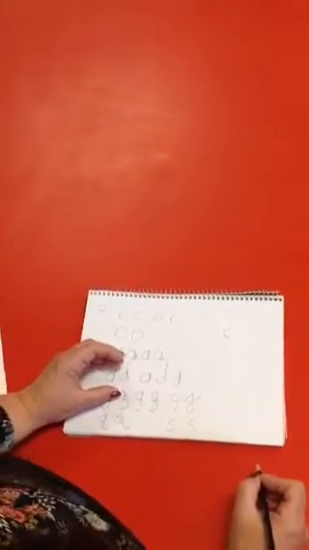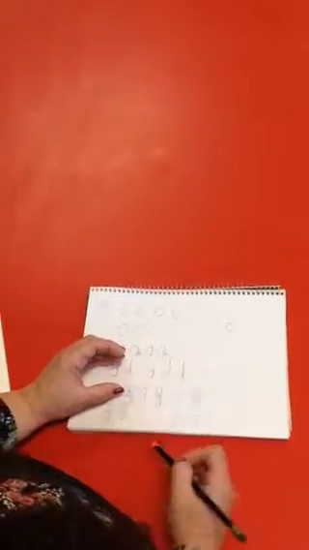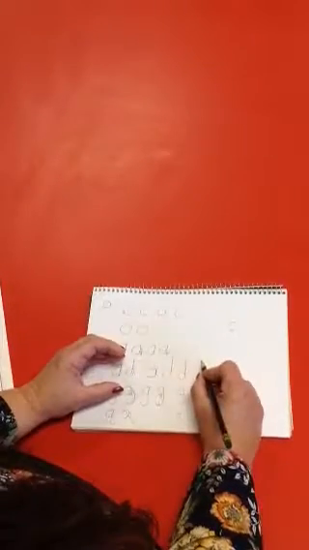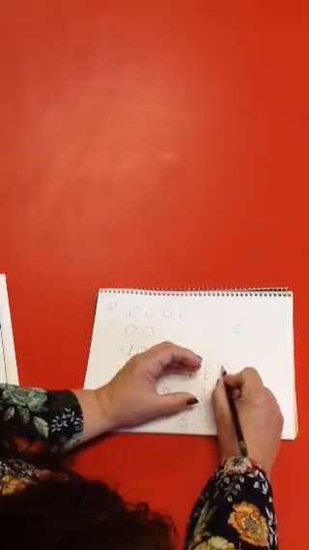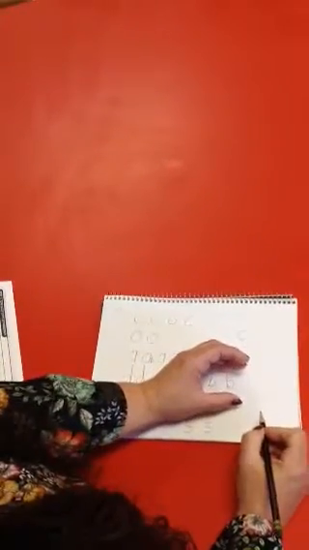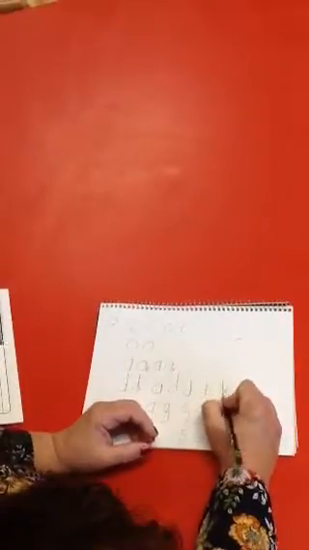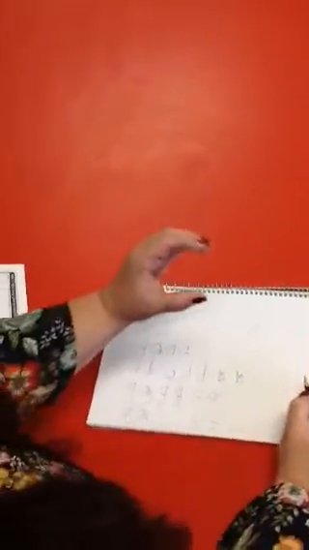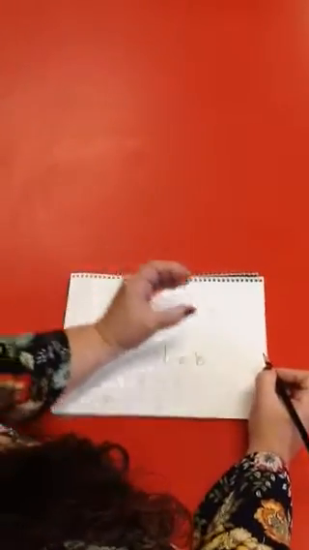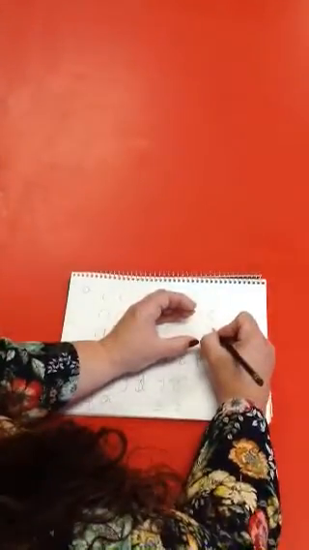Am I making a C, turning it into a D? Is that a C, D? Or am I making a B? Am I going the wrong way? If they're going this way and they go up and down, they're making a B. An incorrect B, but nonetheless, it's going the wrong way. So your hand is also a really good double check for you to make sure that you're going the right way.